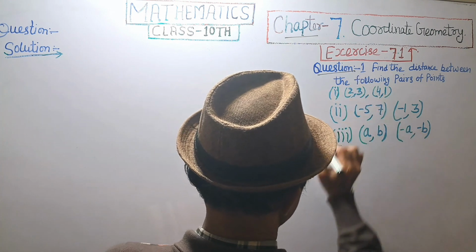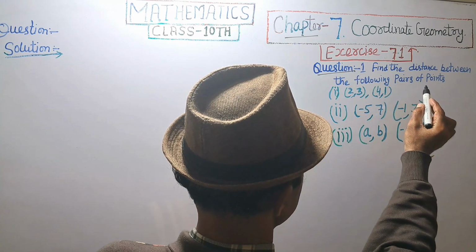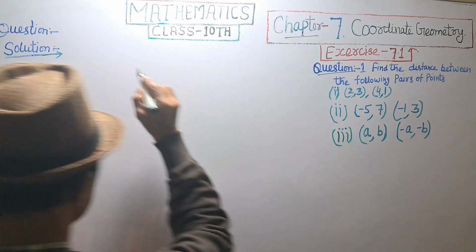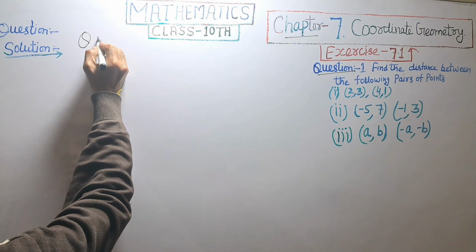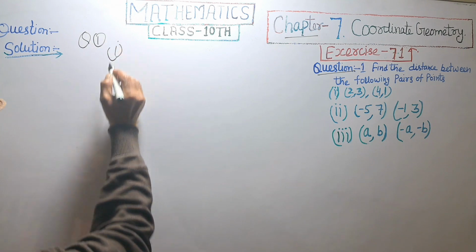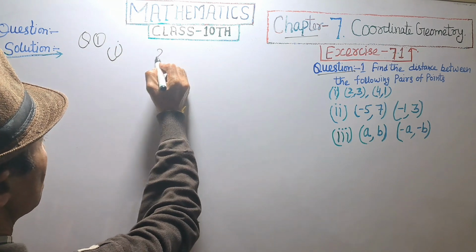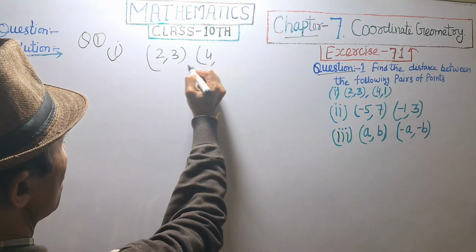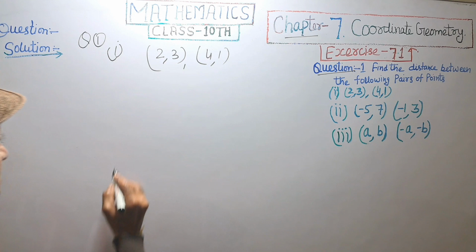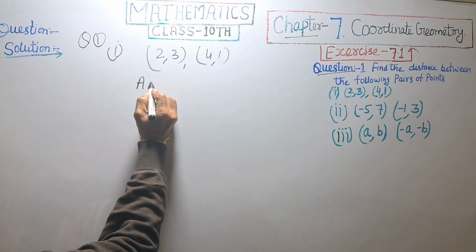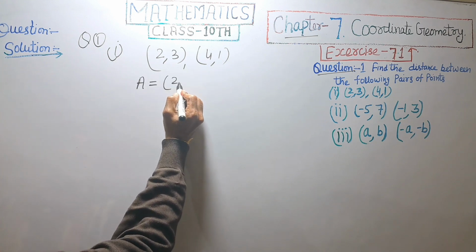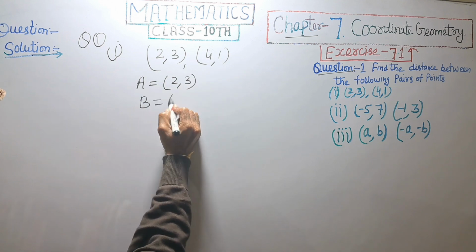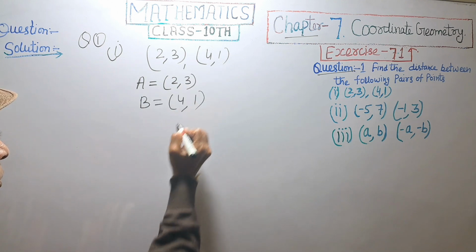Question number one: find the distance between the following pairs of points. First part: given (2, 3) and (4, 1). Let A be (2, 3) and B be (4, 1), and x1, y1 is equal to 2, 3 and x2, y2 is equal to 4, 1.